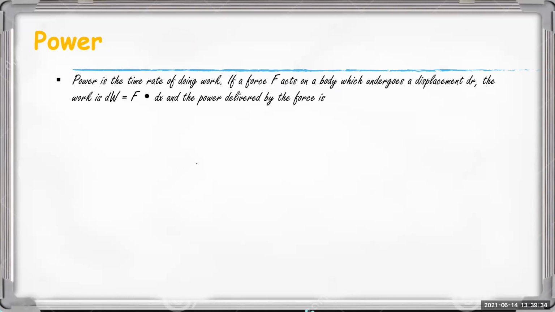If a force F acts on a body which undergoes a displacement dr, then the work is dW is equal to F dot dr.